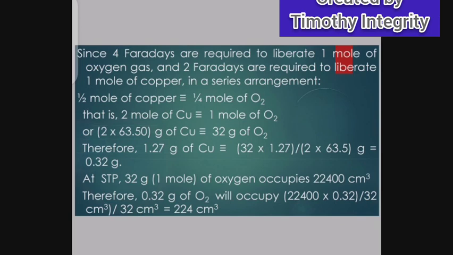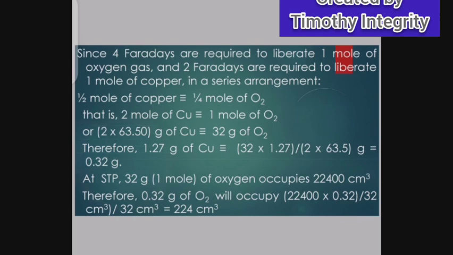That is 2 times 63.5 grams of copper is equivalent to 32 grams of oxygen. Therefore, 1.27 grams of copper requires the same quantity of electricity to discharge 0.32 grams of oxygen.